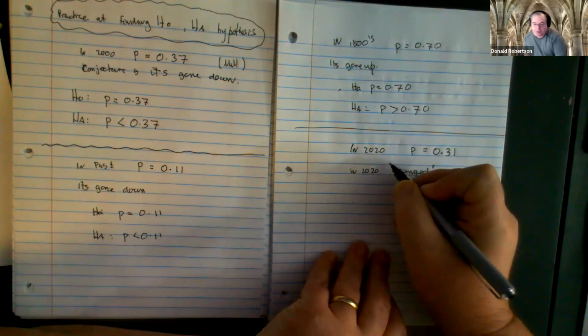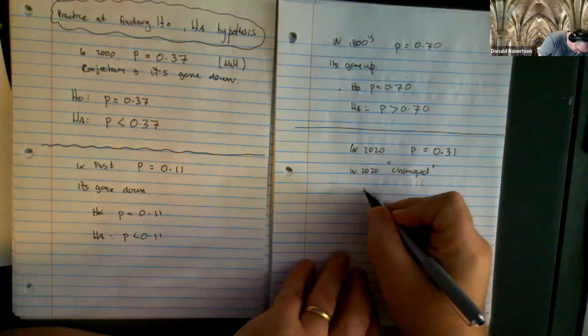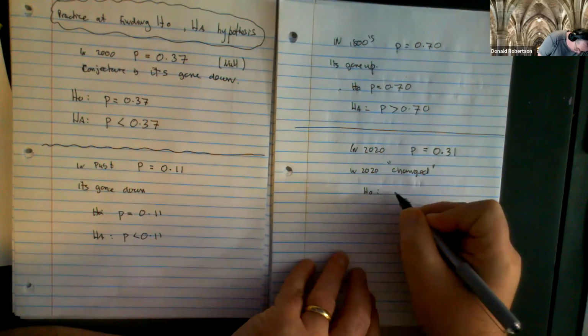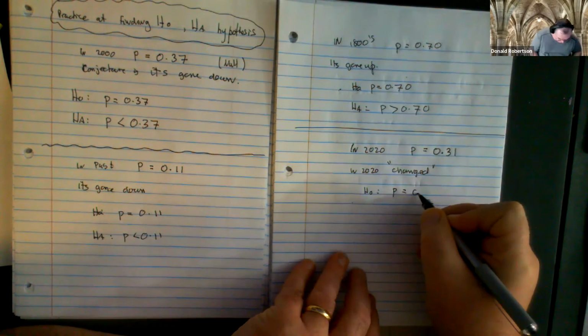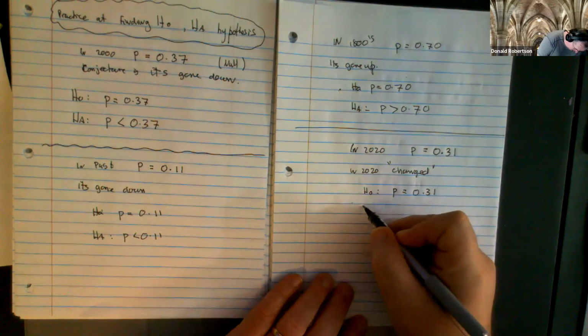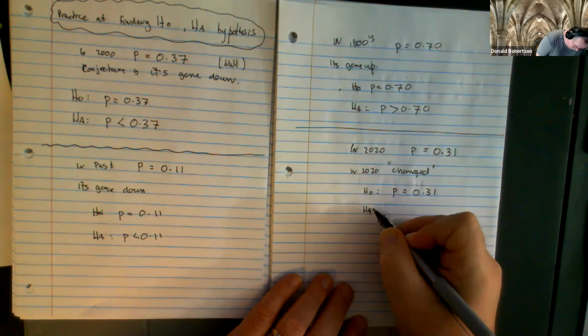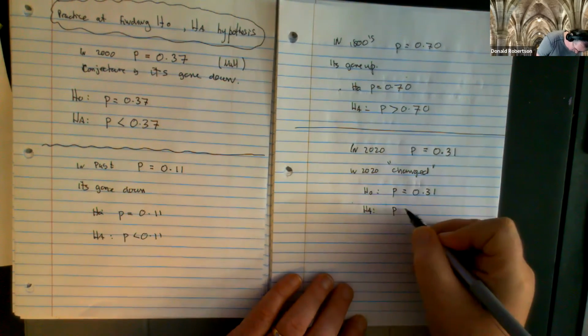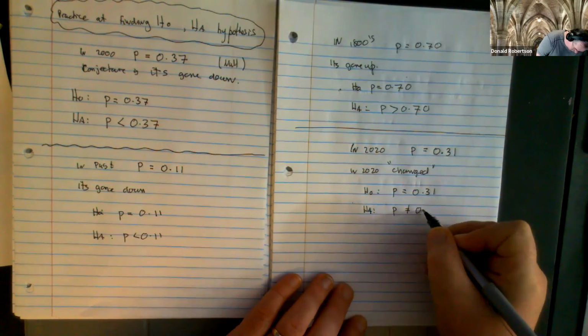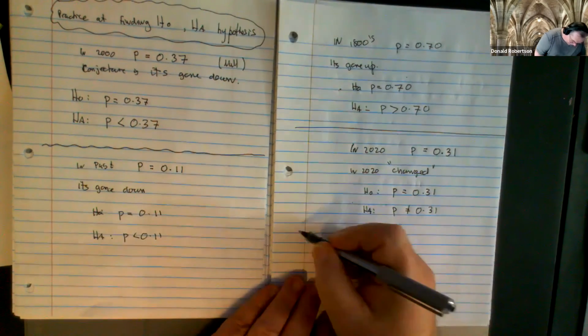I'm not quite sure how it's changed, although I have my own opinions, but let's pretend I don't. I just know it's different. And so what does that look like? Well, the null hypothesis is always going to be what the status quo is, what it used to be. And the alternate is what we think it's now. And in this case, we call it a not equal to.